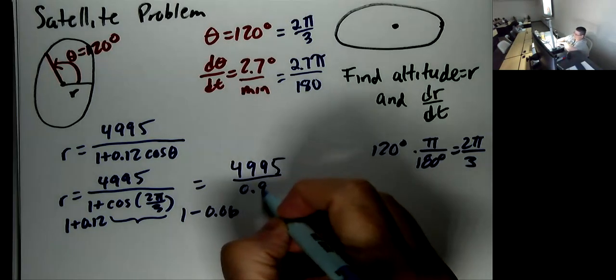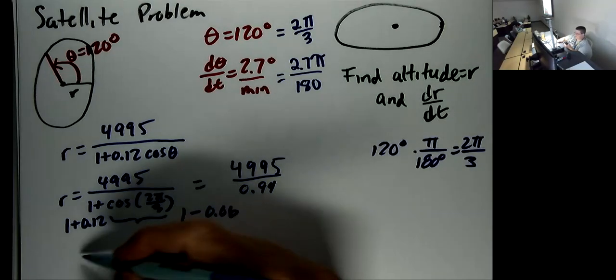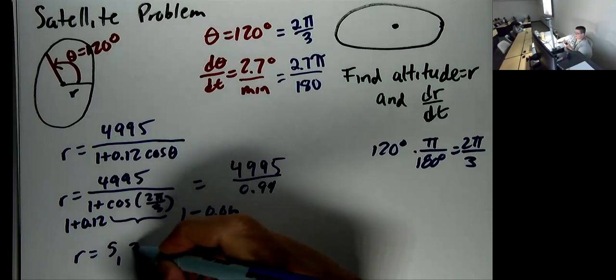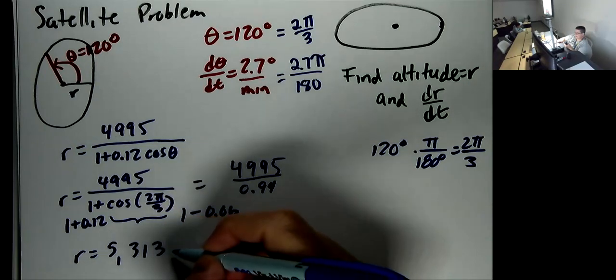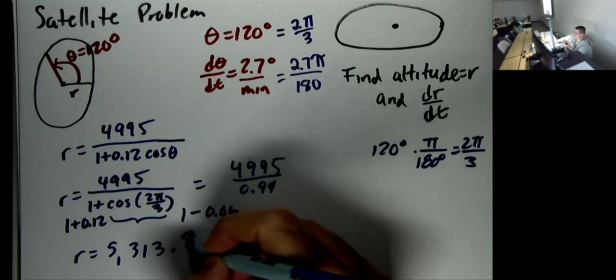4995 over 0.94. Not 0.94995, divided by 0.94. I'm getting R is 5,313 point, we'll just leave it at 8.8 feet.